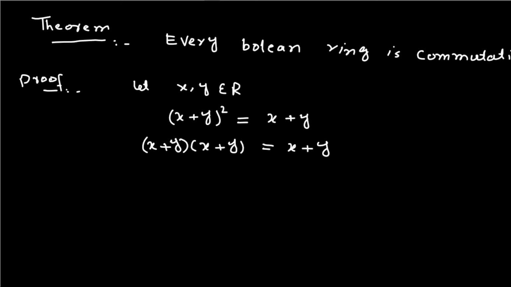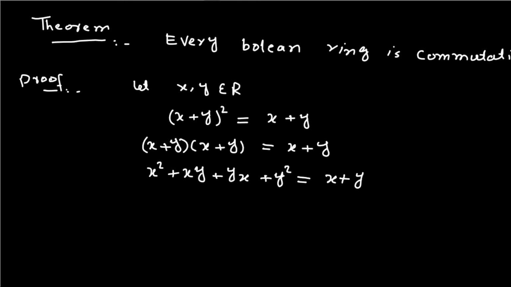Now we multiply x plus y with x plus y. What is the method? You multiply x with x, it will be x square, and x with y, it will be xy. And now y with x, yx, and y with y, it will be y square, and this is equal to x plus y.